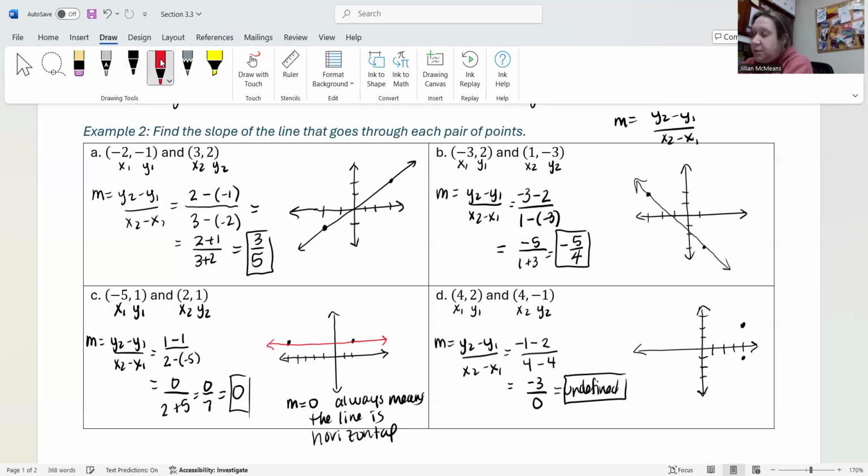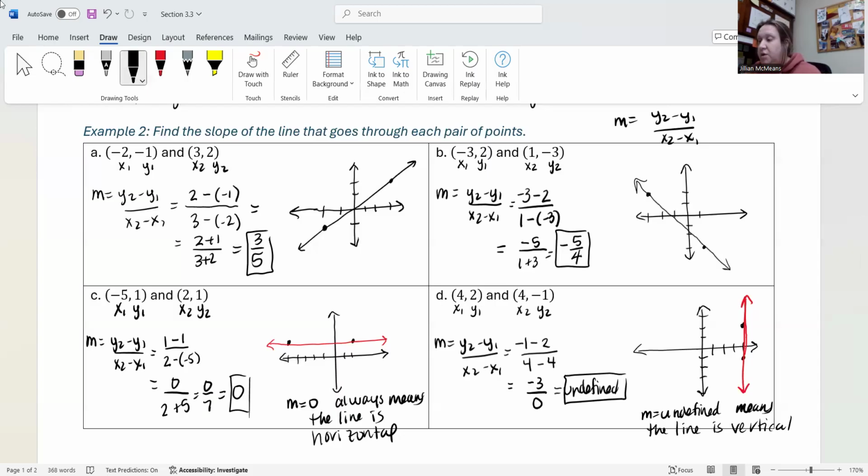And hopefully you can see pretty clearly that we have an undefined slope, which tells us that we have a vertical line. So in this case, m is undefined, means the line is vertical. You could also say all vertical lines have an undefined slope.